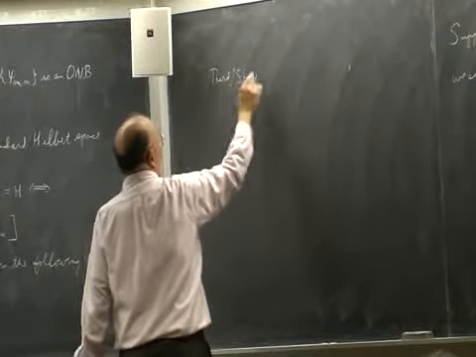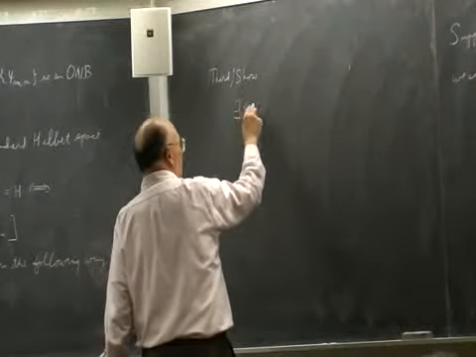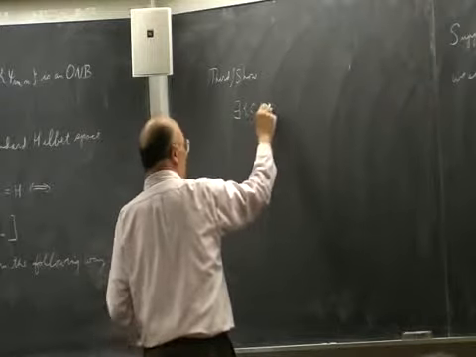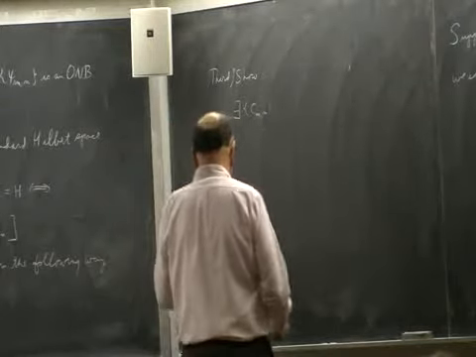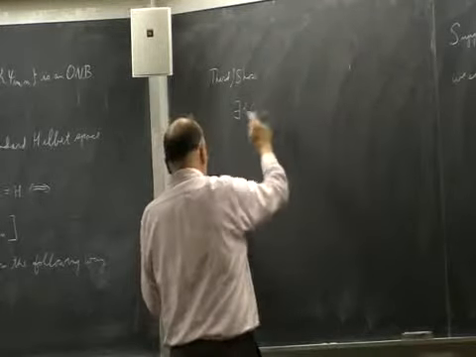show there exists a double sequence c_{mn}. Well, let's do it this way.